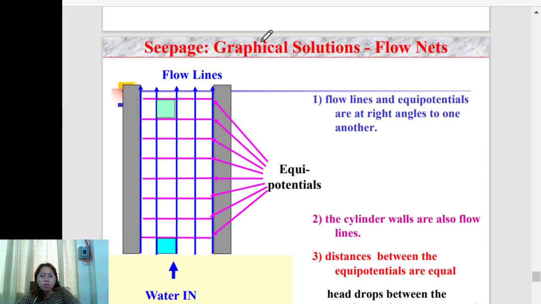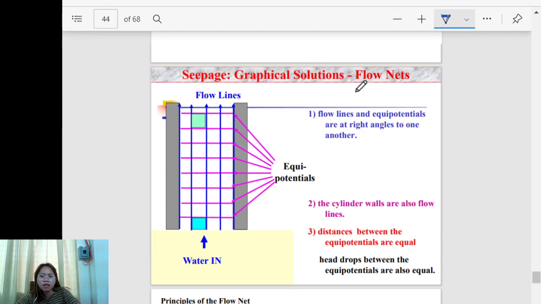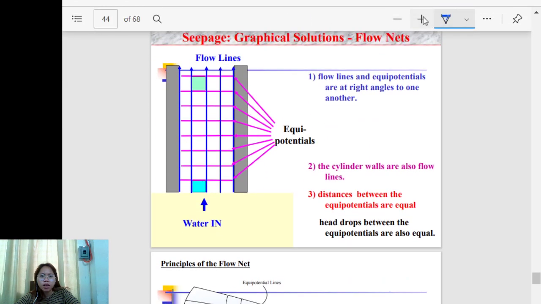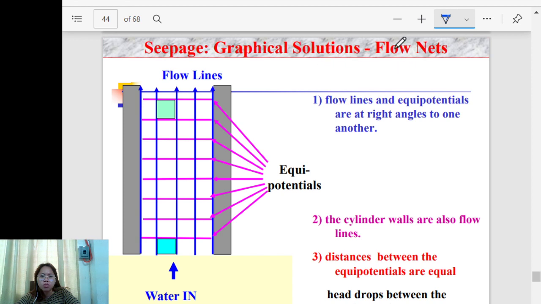So now we will understand seepage using graphical solutions, or by drawing the flow nets. The flow lines and equipotentials are at right angles to one another. So here we have the flow lines.